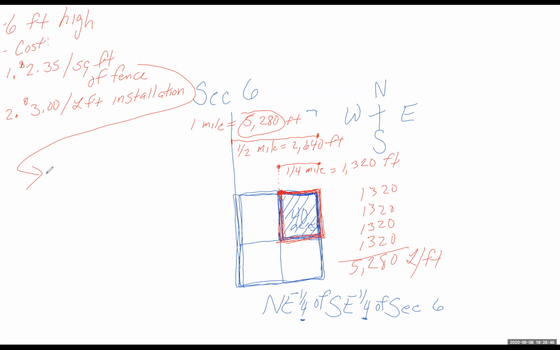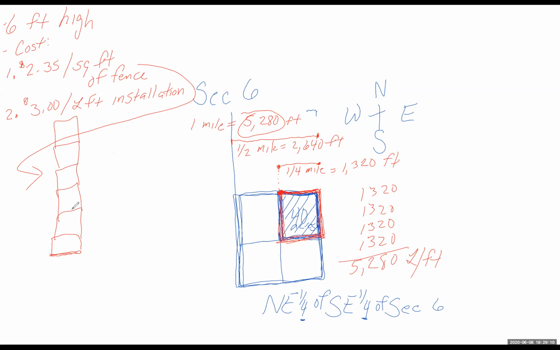Think about it this way. You're on the ground, and you measure out a foot, 12 inches. Well, this fence is 6 feet high. So we have 1 square foot, 2 square feet, 3, 4, 5, 6 square feet.